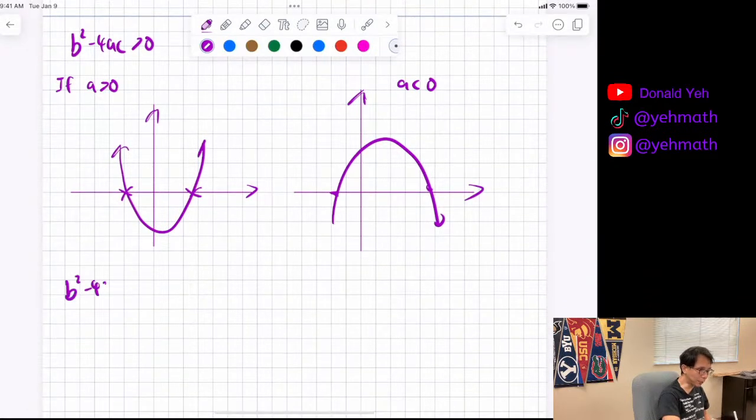What happens when b squared minus 4ac is equal to 0? What does that look like on a parabola? No, it's the intercept. Anybody else?